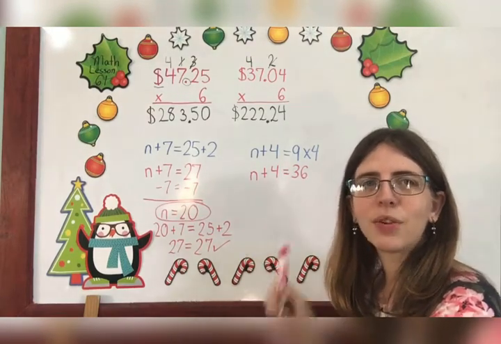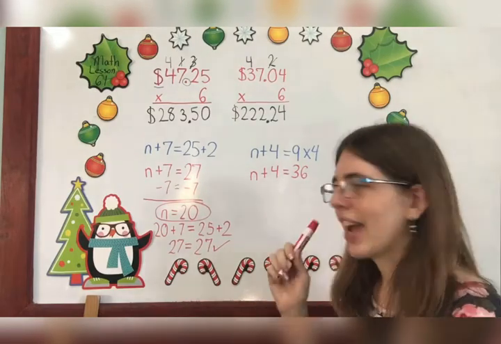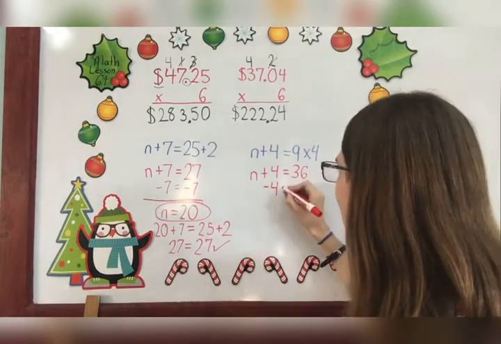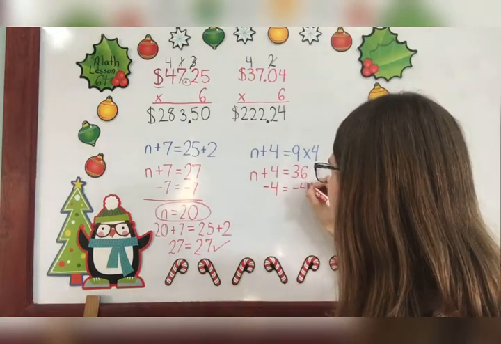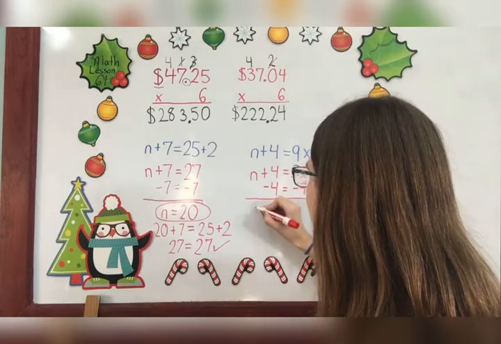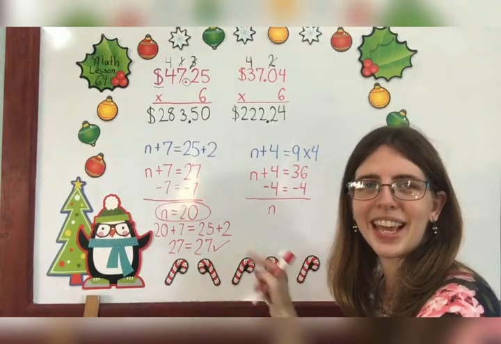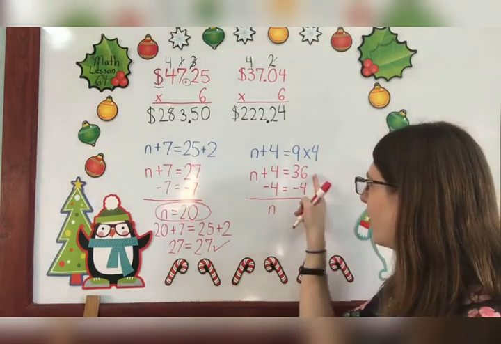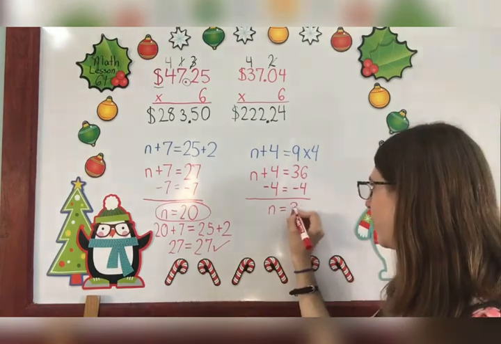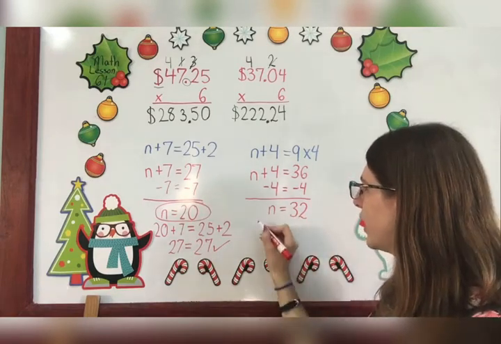Well, I'm adding 4 to n, so the opposite is to subtract 4. Whatever I do on one side, I have to do the same thing on the other side. So that gives me n on this side because 4 minus 4 is 0, so it cancels out. 36 minus 4 is 32. So n equals 32.